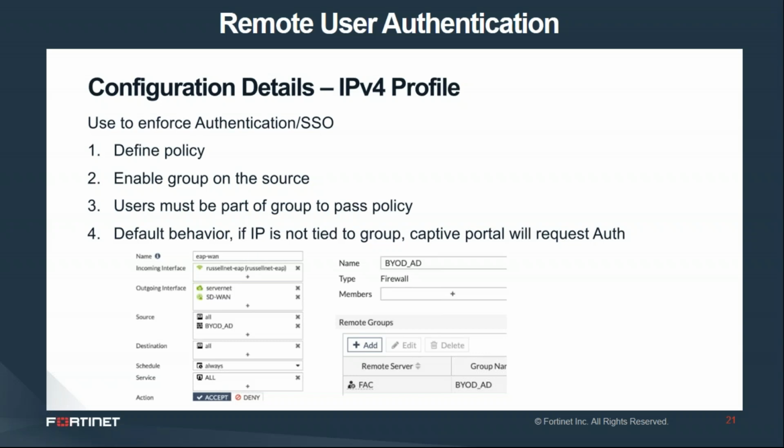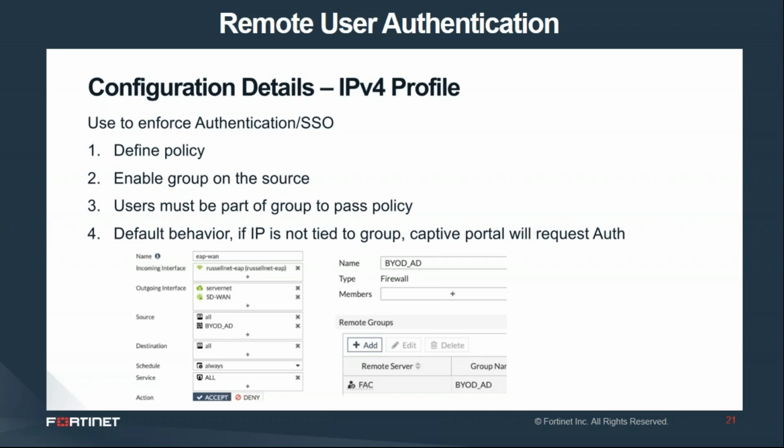What I can do here is my SSID that I'm broadcasting to the wireless devices on the remote access point, that can be a WPA2 enterprise SSID. So when the wireless device connects, it goes through a WPA2 enterprise. The user would be prompted to put in their domain credentials, their username and password, or you could use a certificate for that authentication.